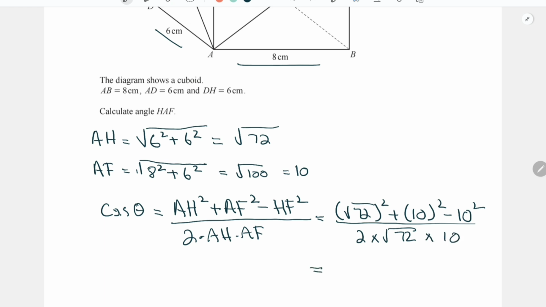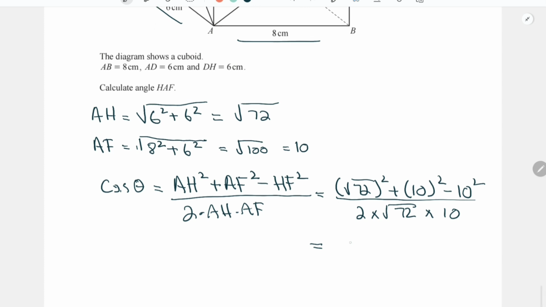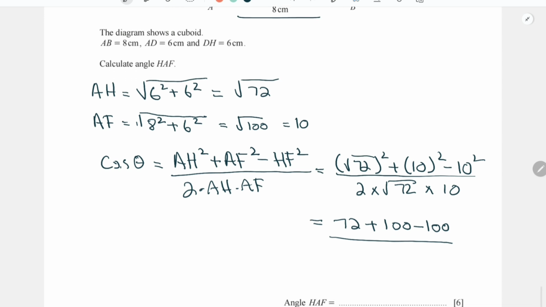Now root 72 square, it should be 72, plus 10 square 100, minus 100 again, over 2 times root 72 times 10, right? So 2 times 10, 20, 20 root 72, and this will be cancelled down.